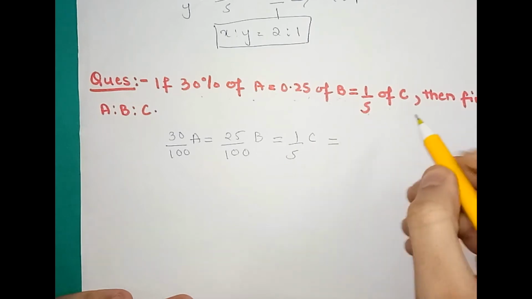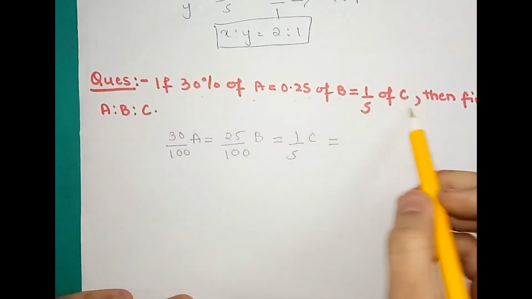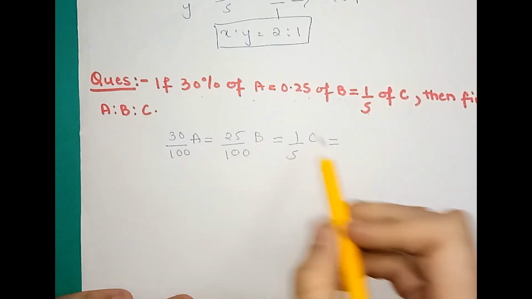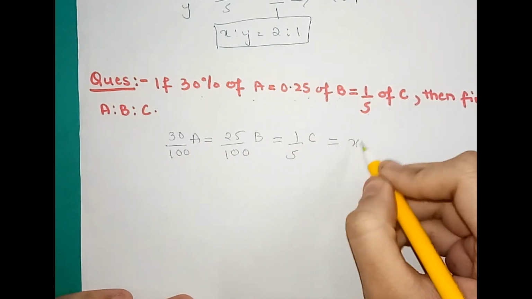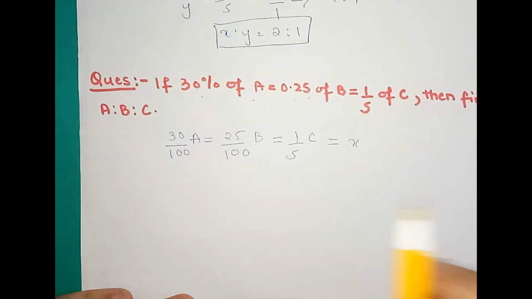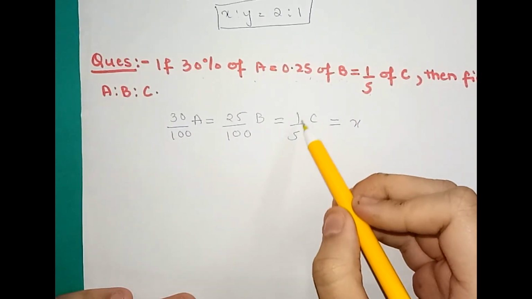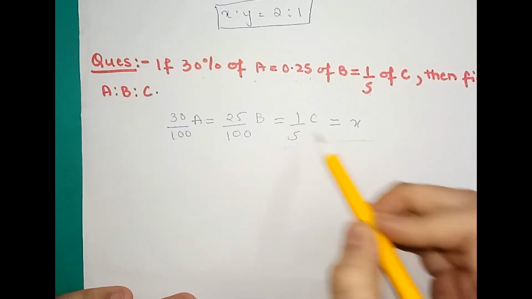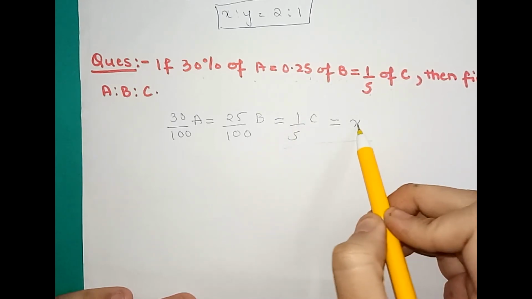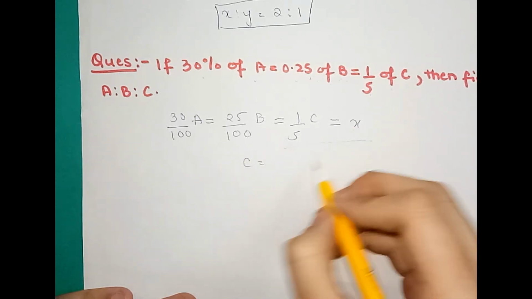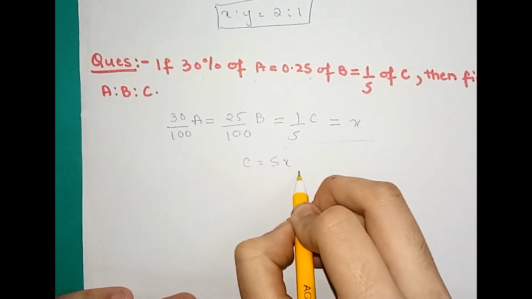Since all this is in variables, let this all be equal to a fourth variable, say x, right? Consider 1 by 5 of C is equal to x. So you can write C as 5x.